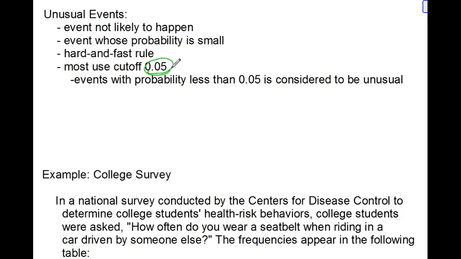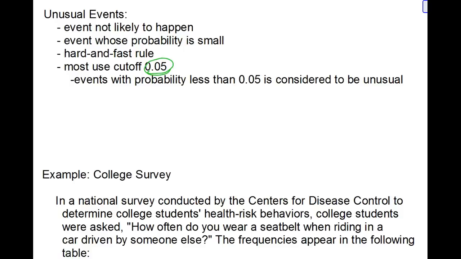But most of the time, for research purposes, surveys, things of that nature, we can use the 0.05 cutoff. That means that events with a probability less than 0.05 are considered to be unusual.